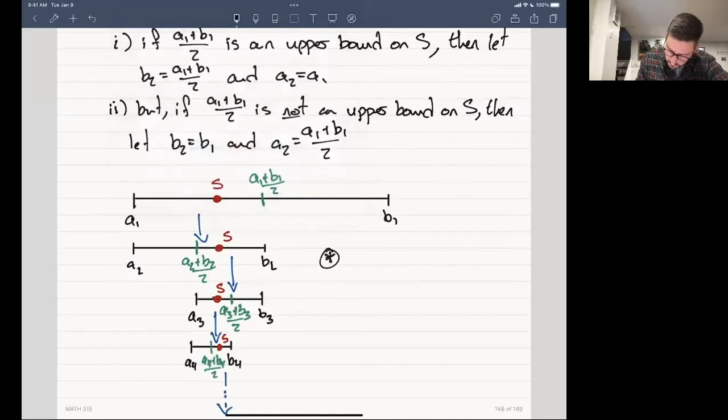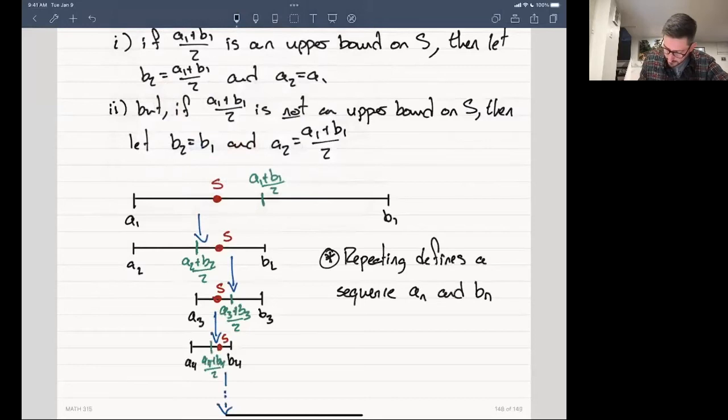So repeating this defines a sequence A_n and another sequence B_n such that A_n is less than or equal to S for all n greater than or equal to 1. This is by design.